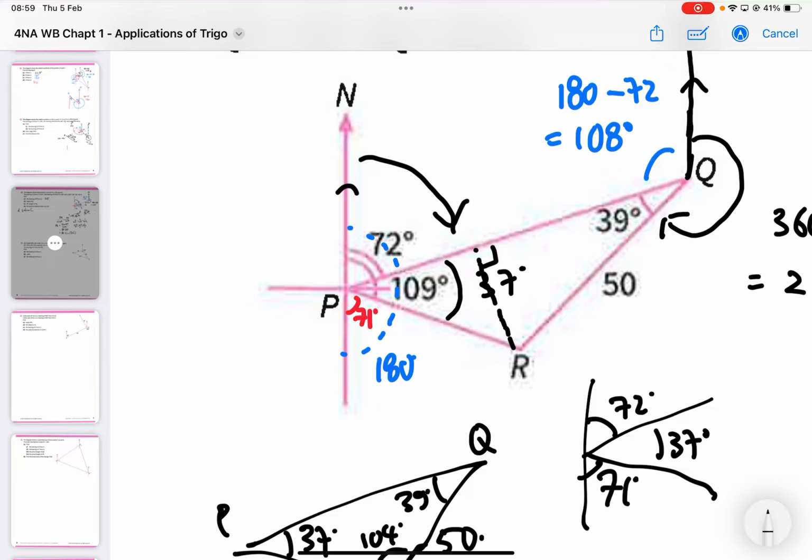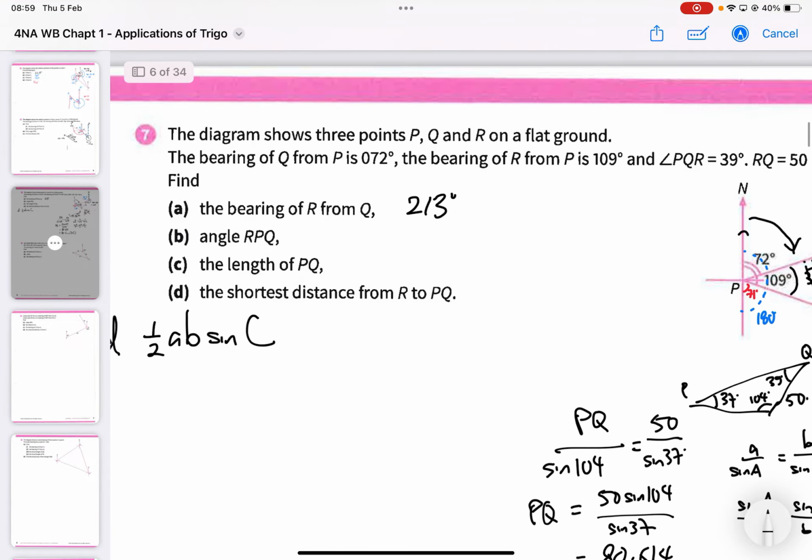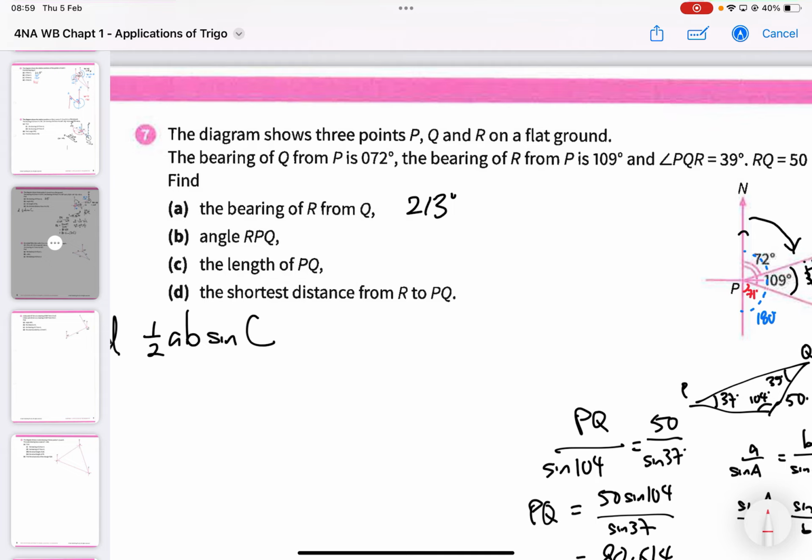Okay, so whenever they tell you shortest distance, try to link it to area of the triangle. Shortest distance of a point from a line. Okay, so I put a note here. Shortest distance from this thing, you must link it to area of triangle.